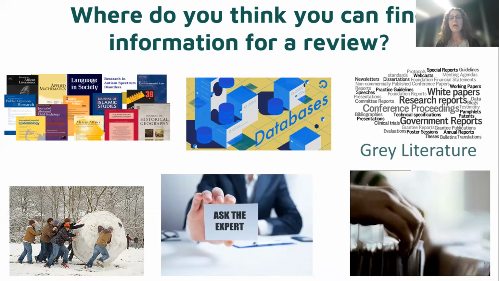So yes, PubMed, Medline, PsycInfo, Web of Science, etc. Grey literature, as you mentioned, so government reports and conference proceedings and research papers and white papers, so absolutely. You have what's called snowballing and hand searching, so we'll go into that in a bit more detail later on. And absolutely, as many of you said, ask an expert in the area and they can lead you on to relevant results.